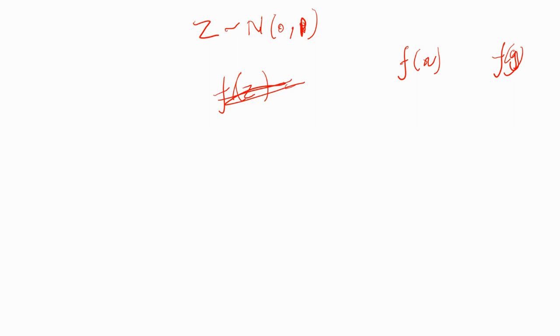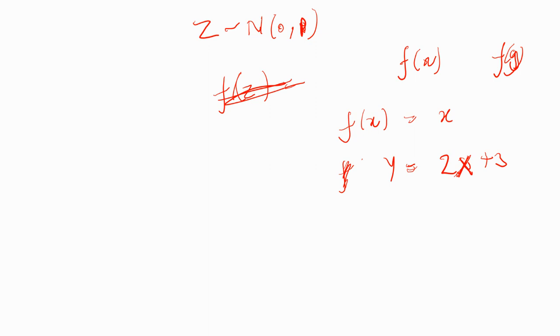So let's say F of X is a function of x, and Y we know here is 2X plus 3. Now I'm defining this function as 2X plus 3.